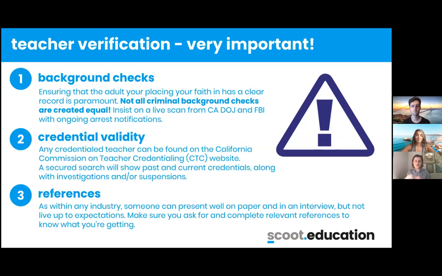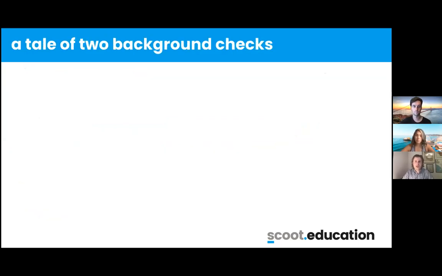That is a really scary proposition to me because the CTC website, while a good resource of information, is simply not that up to date. It can lag months and months and months in delay. And like we already mentioned, make sure you're getting your references. Professional references are key when you are choosing an educator.